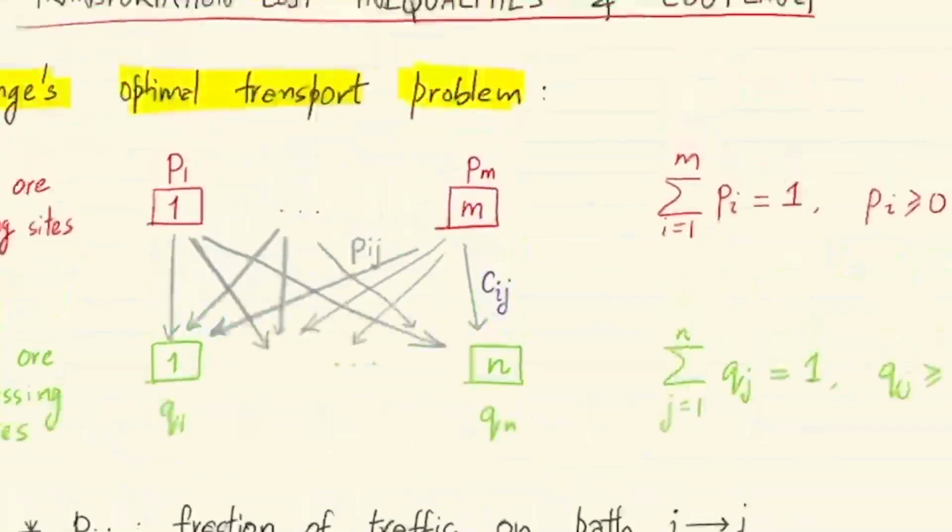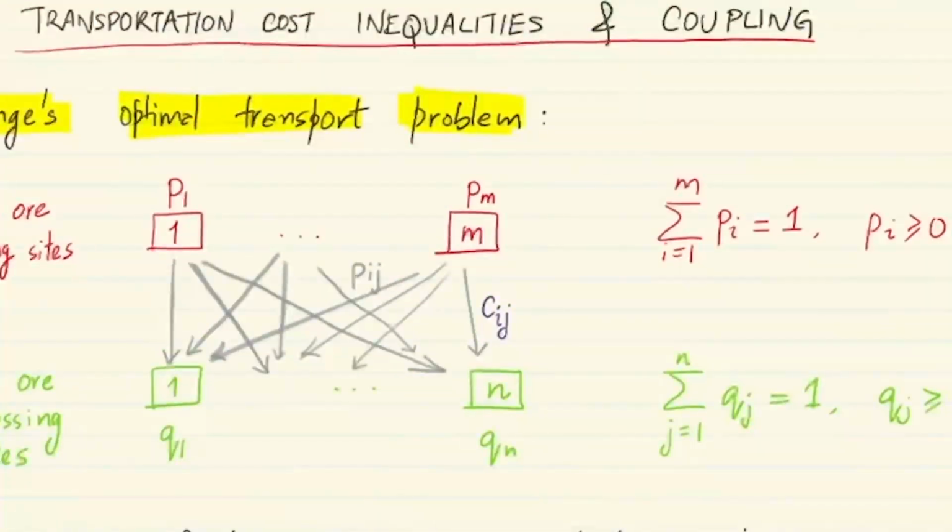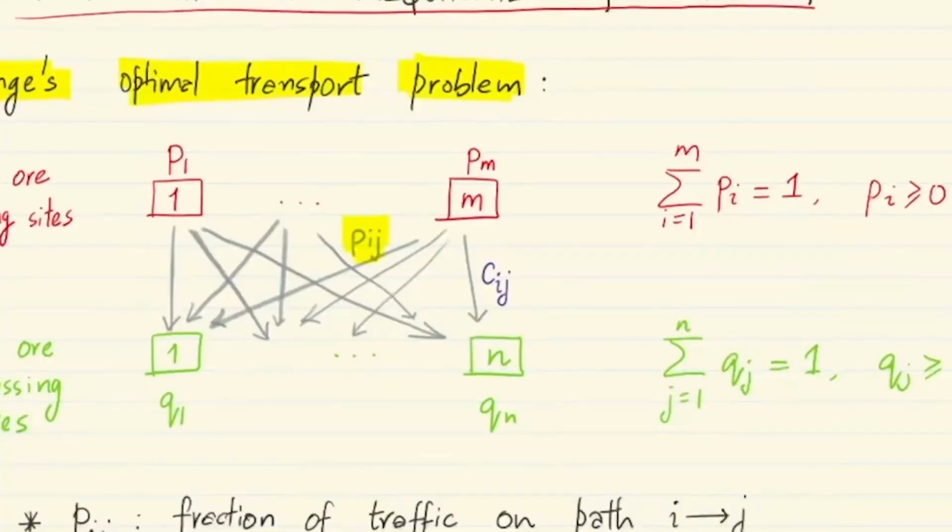Okay, so the problem here is to find a plan or a way to move iron ore from each site 1 through m to each site 1 through n, if required by splitting the amounts at each site. So, we have to come up with an allocation which is denoted by Pij. Pij is the fraction of iron ore that travels on the path i to j, or you can even think of the problem in reverse.